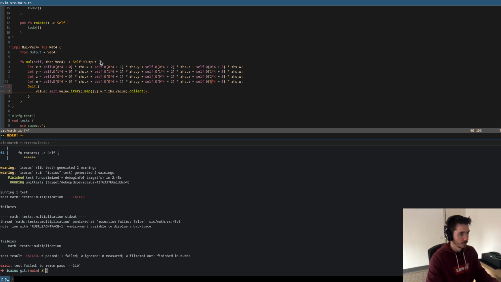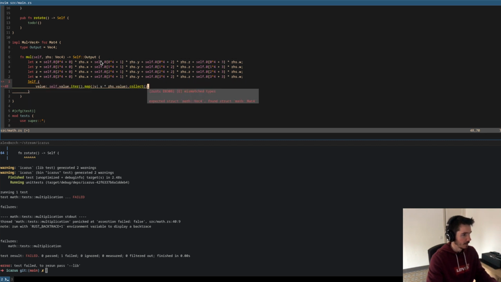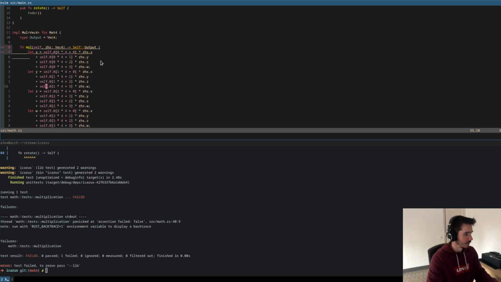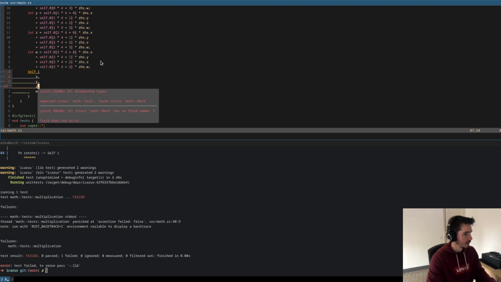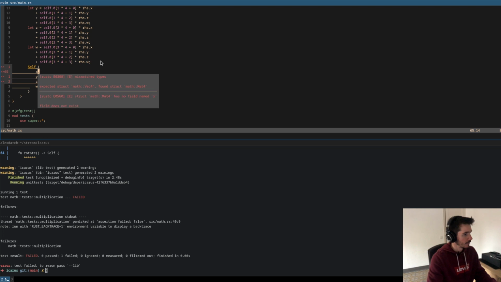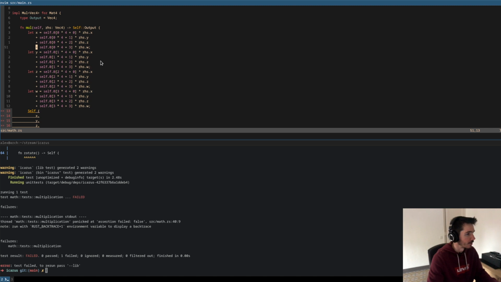This is 2, this is 3, this is 2, 3, 2, 3, and 2, 3, and then we can add here X, Y, Z, and W. Expected struct math, right, this needs to be back 4.